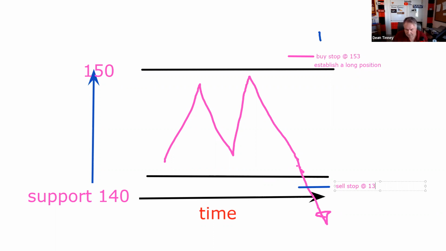But remember, one of the uses of a sell stop is to establish a short position. And again, I wouldn't want to establish a short position unless Apple breaks through its support line, right? My broker says, Dean, you don't have the stock. I say, I know I don't have the stock. He said, well, Dean, if you don't have the stock and that gets triggered, you're going to go short. I go, exactly. That's exactly what I'm trying to do.